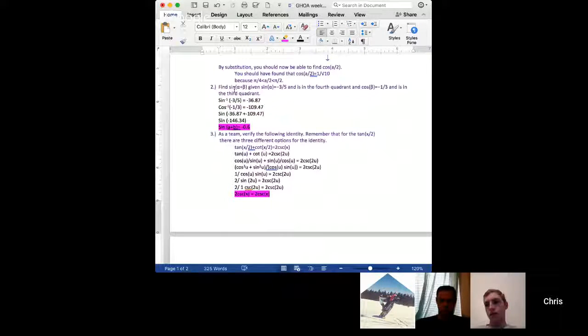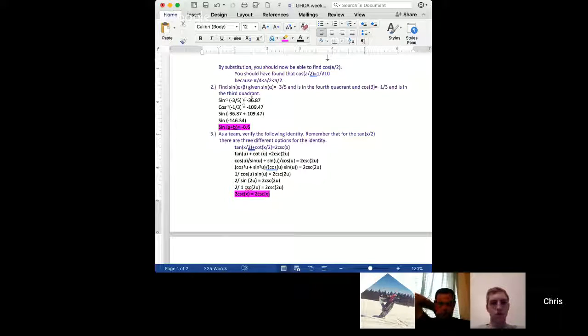Okay. This one I was more sure about. This one not so. I was doing the same thing. Find sine of A plus B given that sine A equals -3/5 and is in the fourth quadrant, and cosine B is -1/3 and is in the third quadrant. So I took sine inverse of -3/5 and got that.